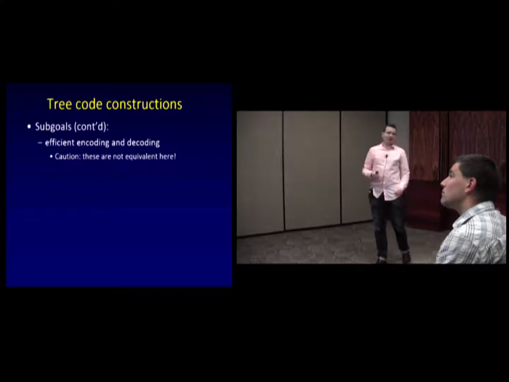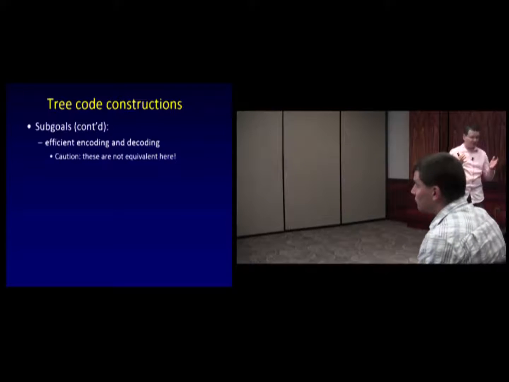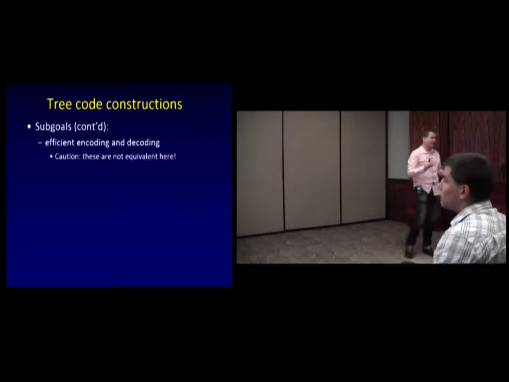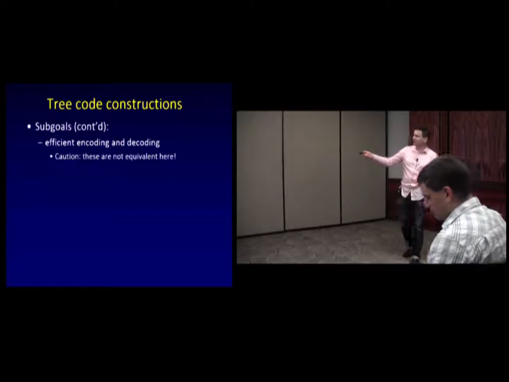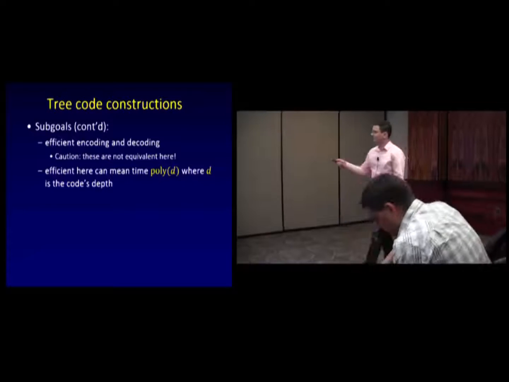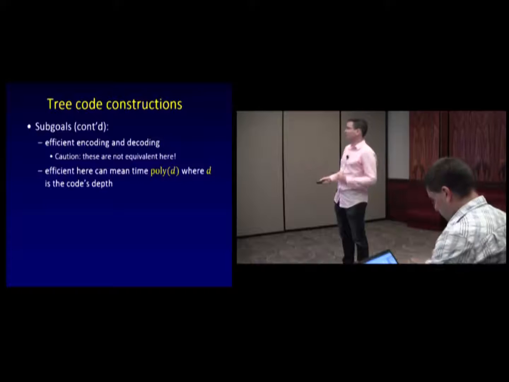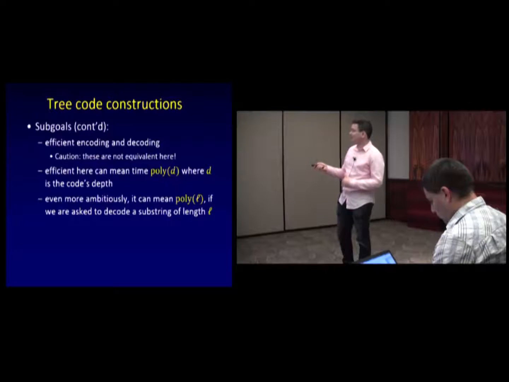Efficient encoding and decoding: remember that earlier I told you that in the context of an entire conversation, this distinction is not important. In the context of an individual tree, it becomes important again, and actually decoding has to be refined further. At least, efficient means polynomial in the code's depth.